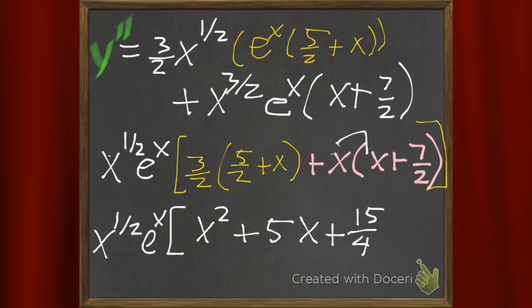Tell me that factors. Factors of 15 and 4 that add to be 5. No, factors of 15 and 4 that add to be 20. 15 times 4 is 60, right? Factors of 60 that add to be 20.